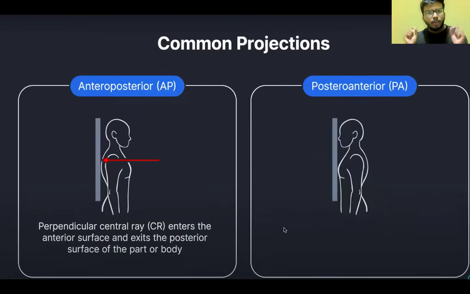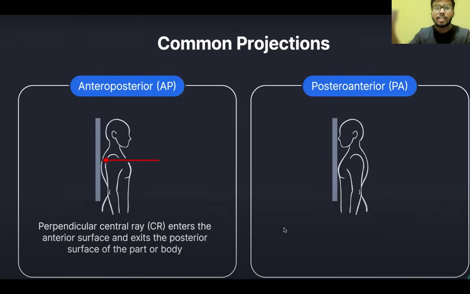Antero-posterior means, as we discussed, the central ray enters through the anterior surface and exits the posterior surface of the part or body. Then what will be the PA, posterior-anterior?